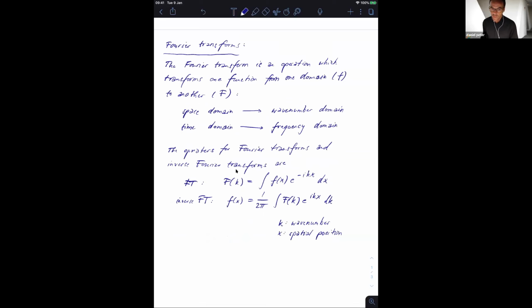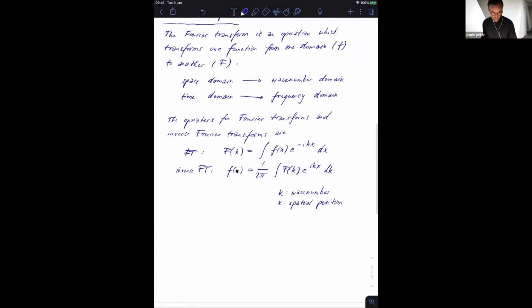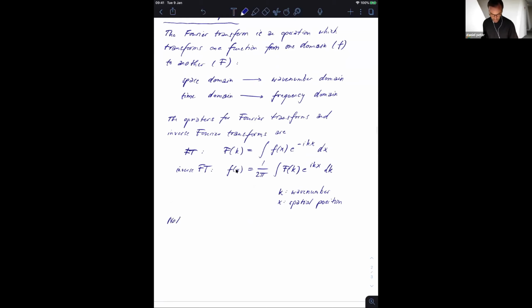Good, and what you note is the derivative. So take the derivative of our function. What we are interested in is the derivative of our function.